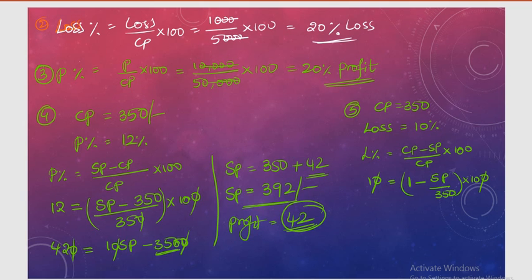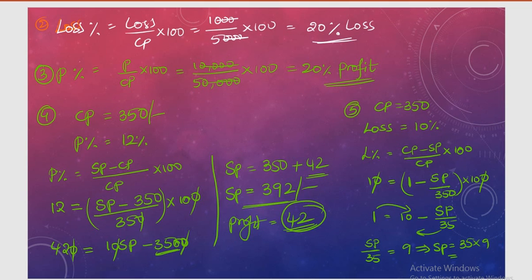Then this becomes 1 is equal to, so 10 ones are 10, minus SP by 35. When I transpose this SP by 35 to the right hand side, it becomes plus SP by 35, and this 1 I will transpose to this side, so it becomes 9. So from this SP is equal to 35 into 9.